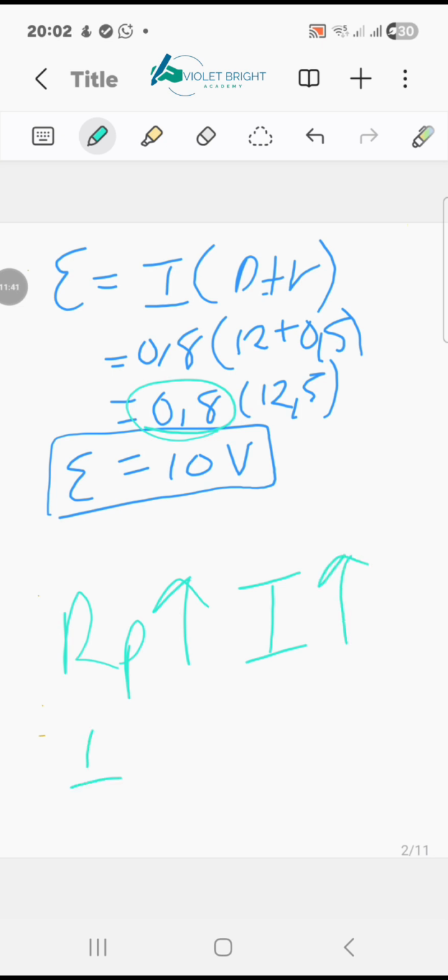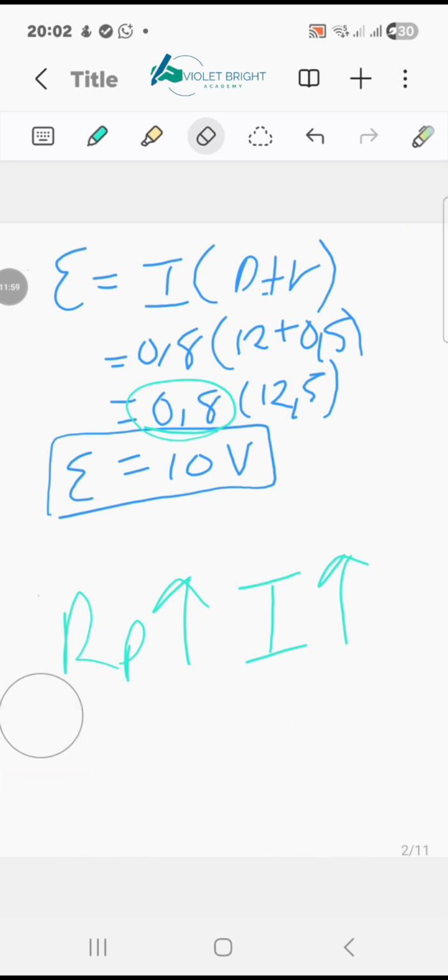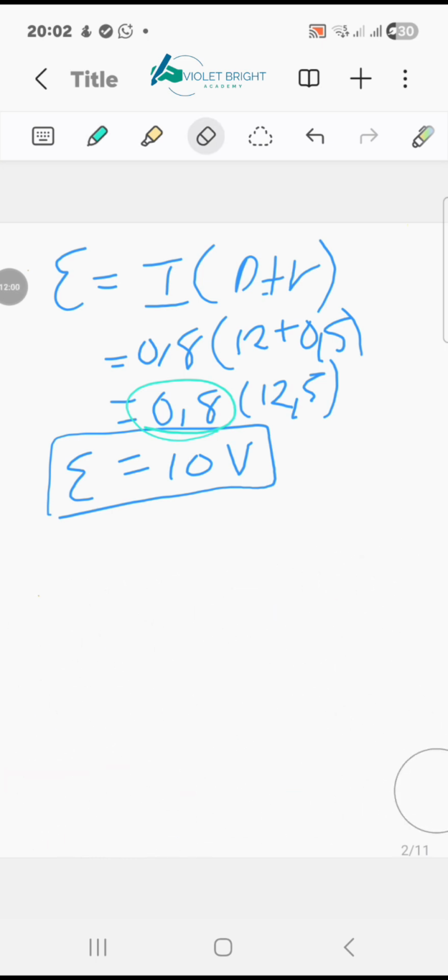Why increase? Because with resistors in parallel, we just get a fraction, so they affect it positively. If they were resistors in series, they would decrease the current. So the current total will no longer be 0.8.